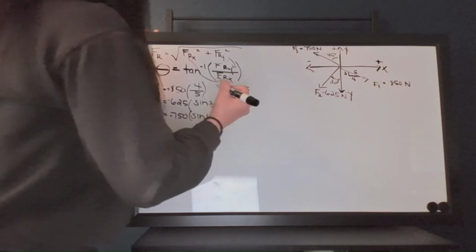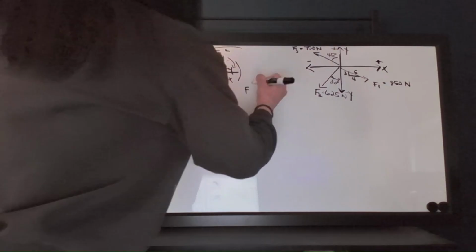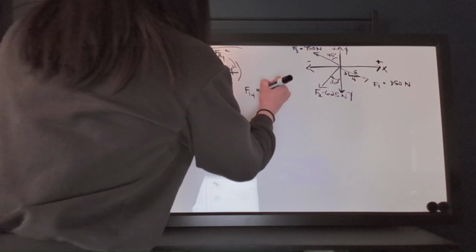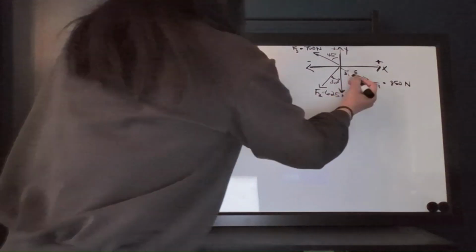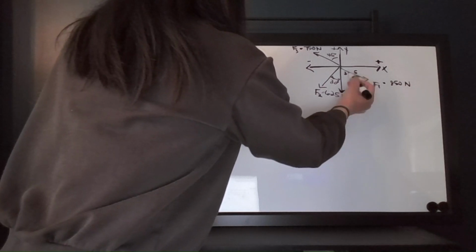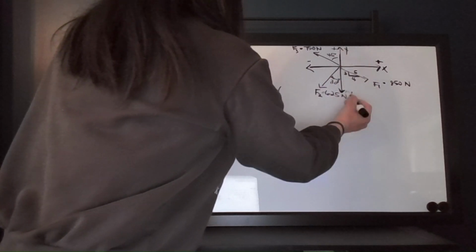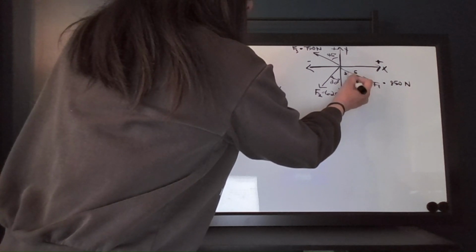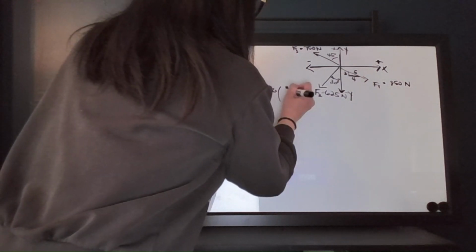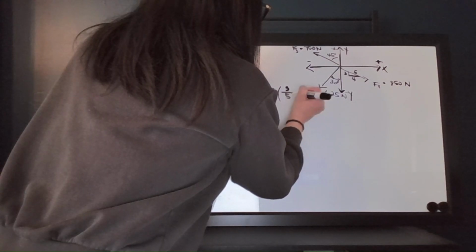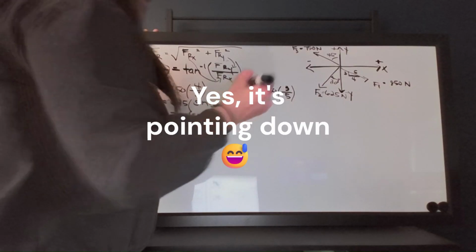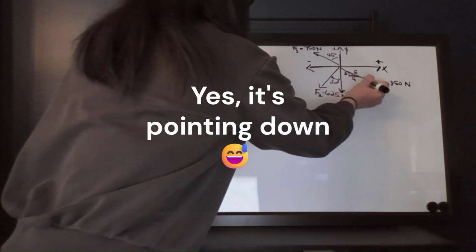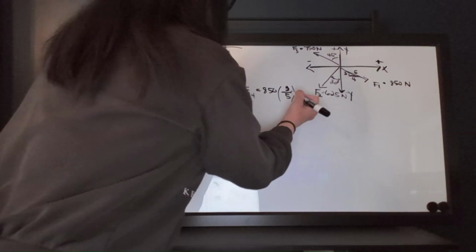F1y, 850. And remember, we're taking the side of the triangle that's parallel to the y-axis, which is going to be 3 over 5. And where is it pointing? It's pointing down, the negative y direction.